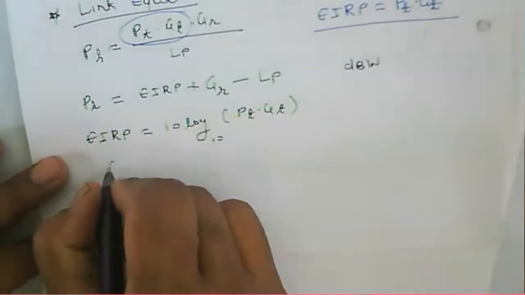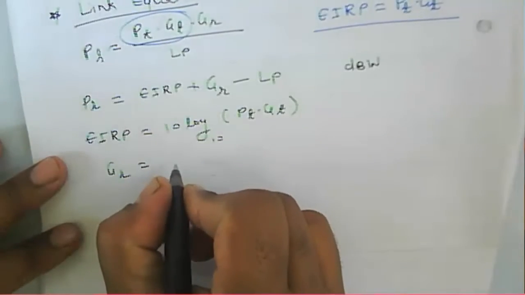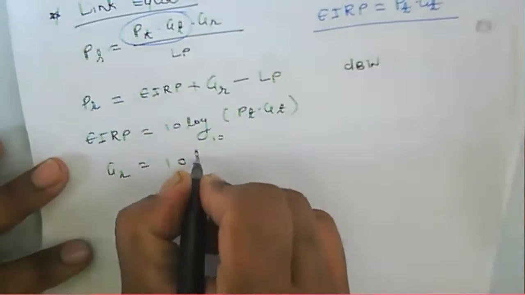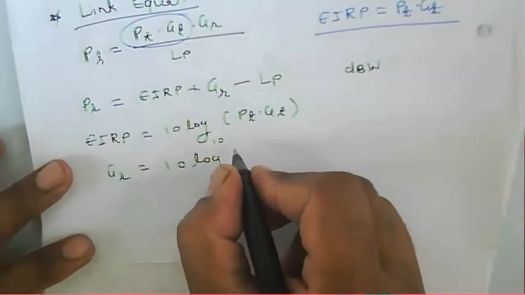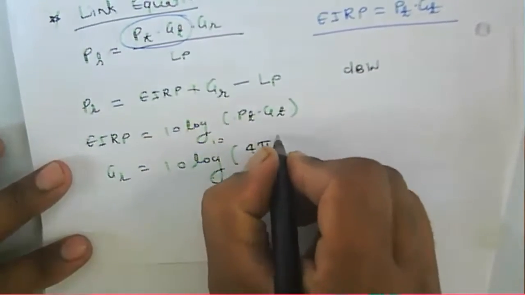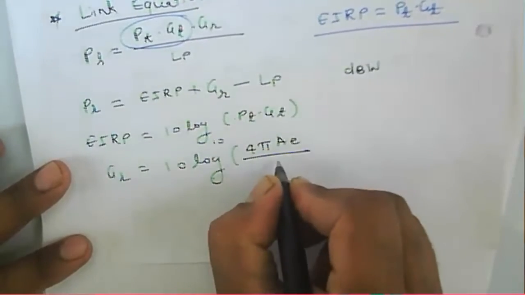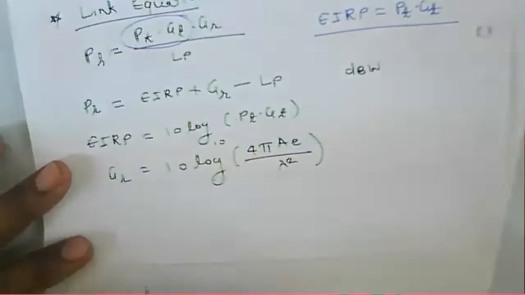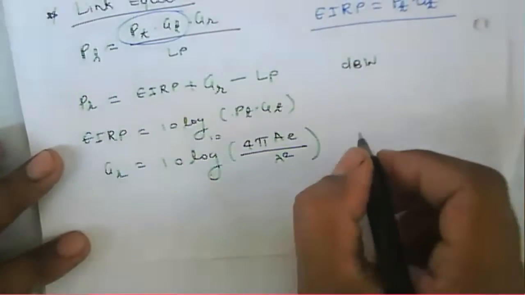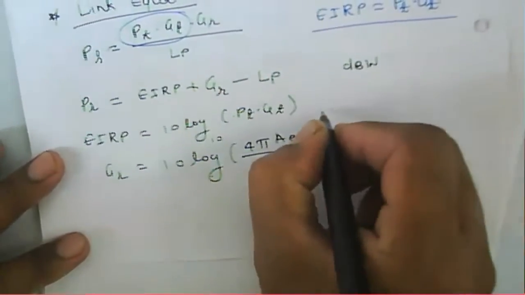Similarly, we have the gain of the receiving antenna. That gain of the receiving antenna is 10 log of 4 pi AE by lambda squared, and that is in terms of dB.